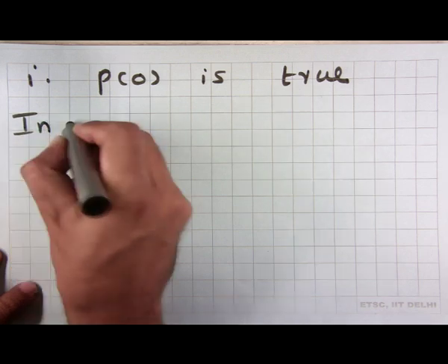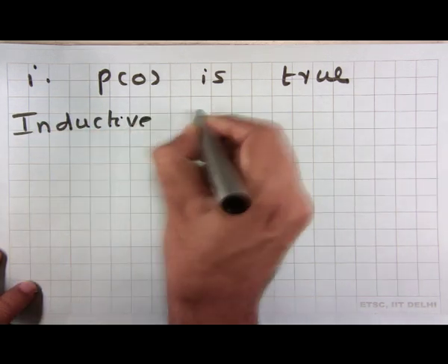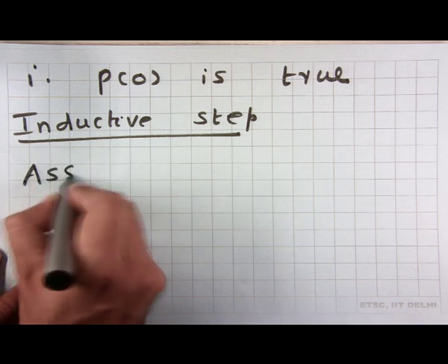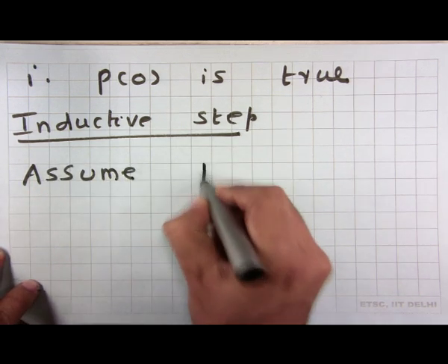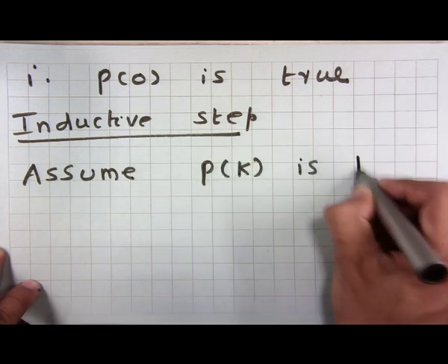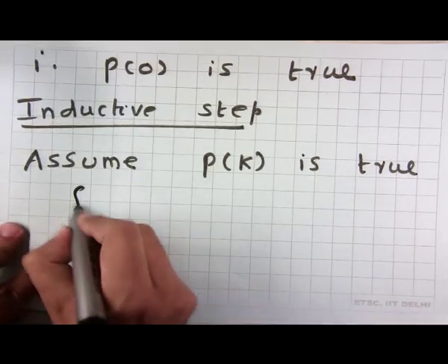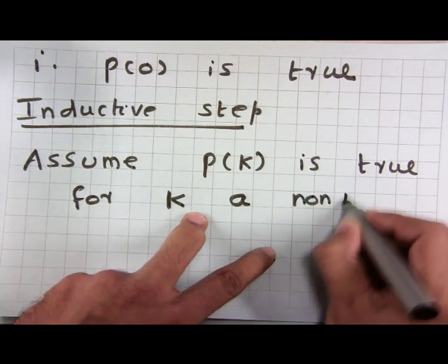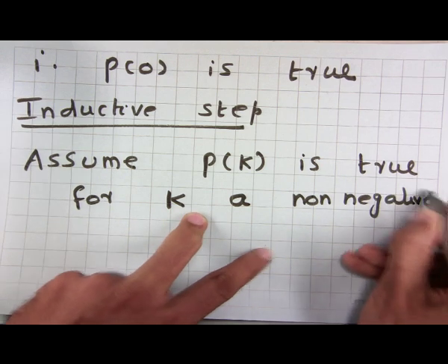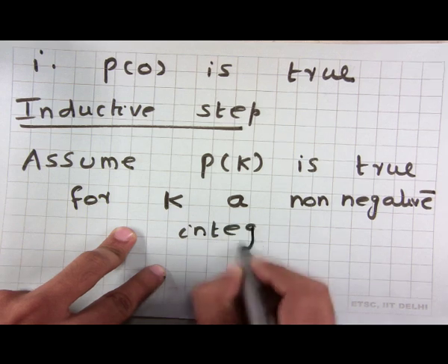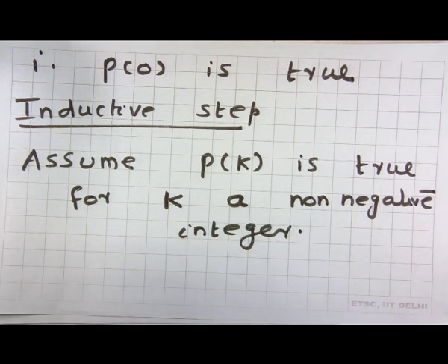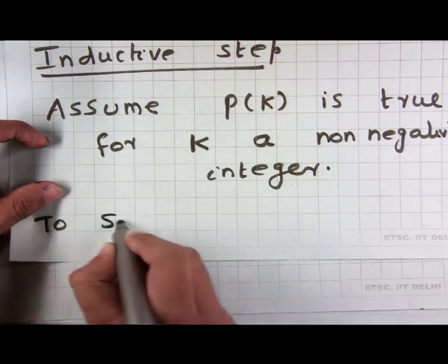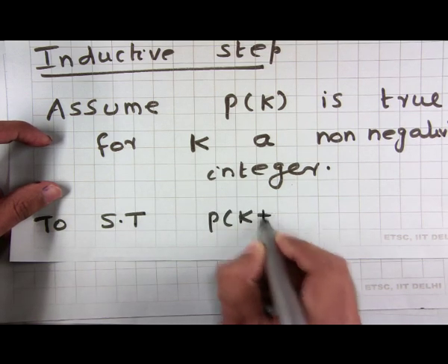Now, the second step, the inductive step. The induction hypothesis is the following: assume P of k is true for k a non-negative integer. What are we supposed to verify? We have to verify that P of k plus 1 is true.